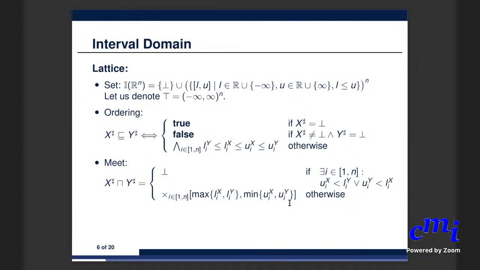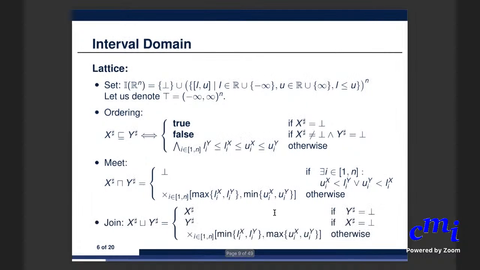That will give you the greatest lower bound for the two, which can be empty also. And the join takes the min of the lower bounds and the max of the upper bounds.